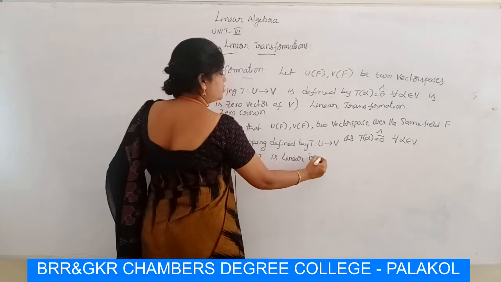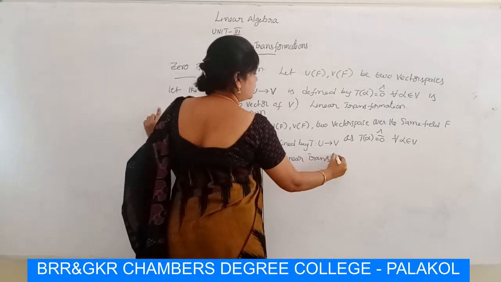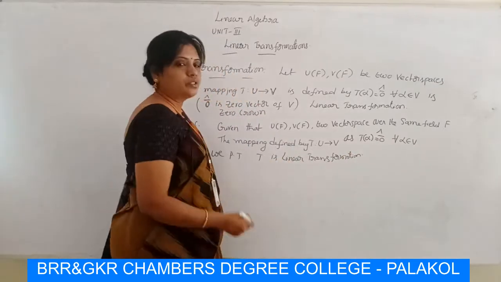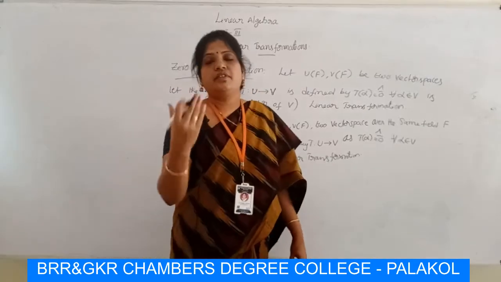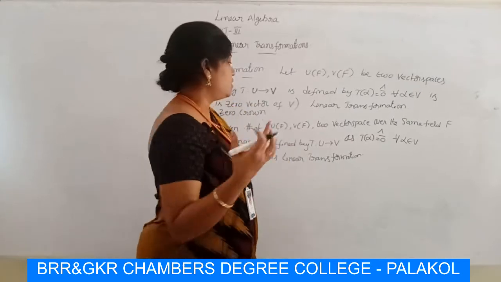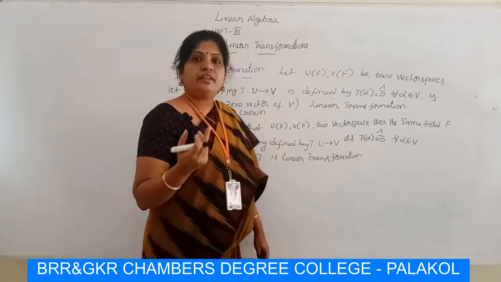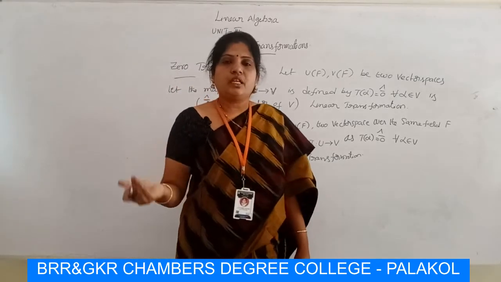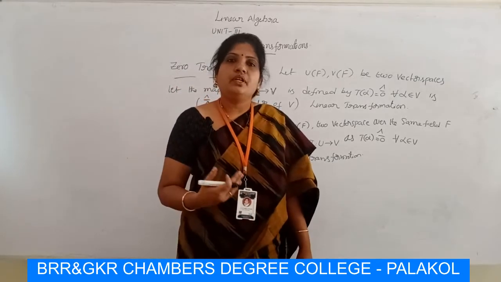What is the definition of a linear transformation? Dear students, what is the definition of a linear transformation? Yes, the transformation satisfies the condition T of A alpha plus B beta is equal to A into T of alpha plus B into T of beta.